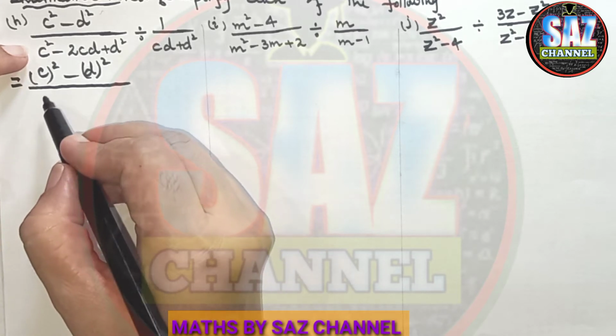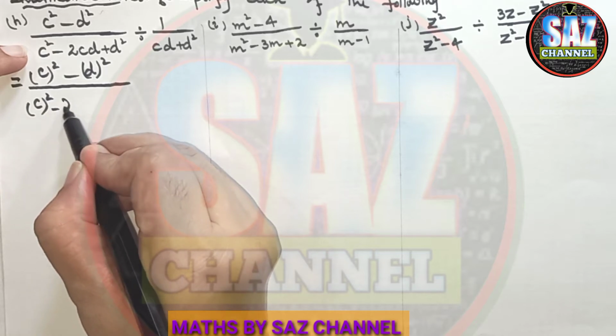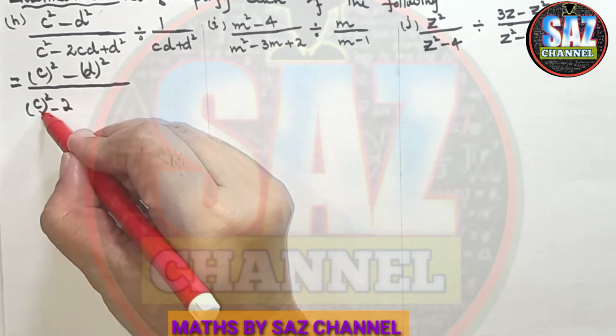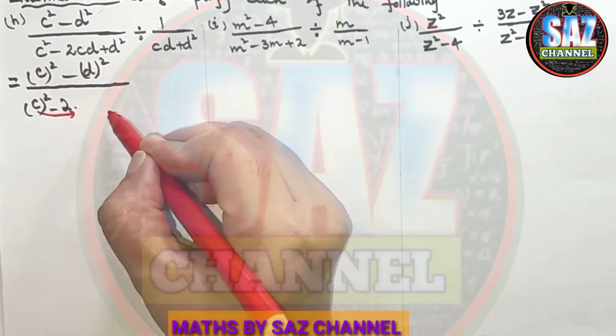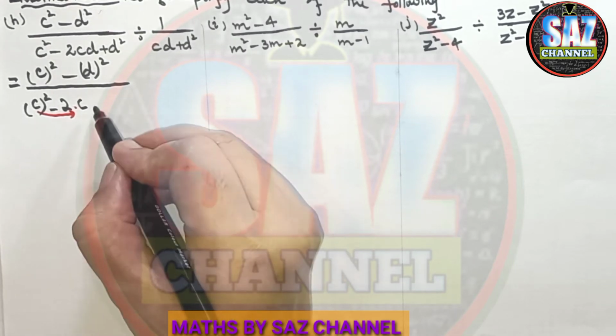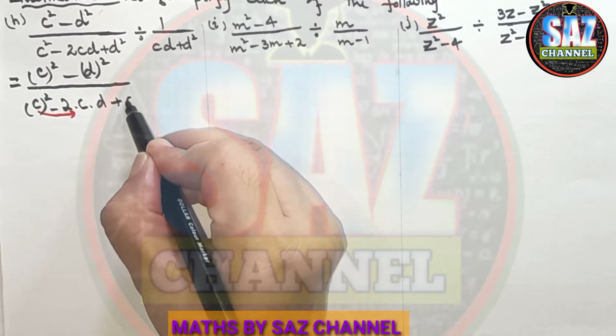So I can write it in the form of c square minus 2 into a, that is c from the first place, and then 2c, and then d from the last place plus d whole square.